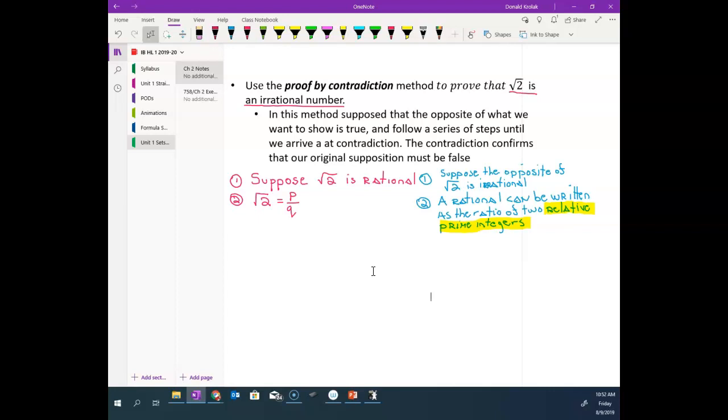So you couldn't divide P and Q by 3. You couldn't divide it by 2. You couldn't divide it by 5. That's what the word relatively prime means. The term relatively prime means P and Q don't share any common factors.